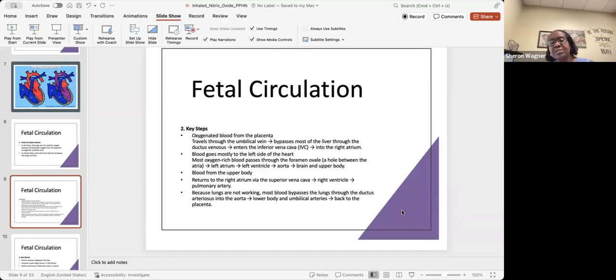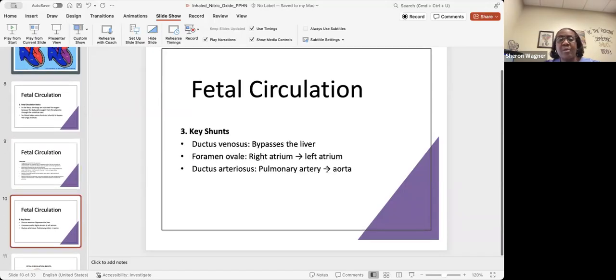Most of the blood bypasses the lungs through the ductus arteriosus into the aorta, and then it goes to the lower body and umbilical arteries back to the placenta. So it's a cycle of blood that goes through. The key shunts here are the ductus venosus, which bypasses the liver, the foramen ovale from the right atrium to the left atrium, and the ductus arteriosus from the pulmonary artery to the aorta.